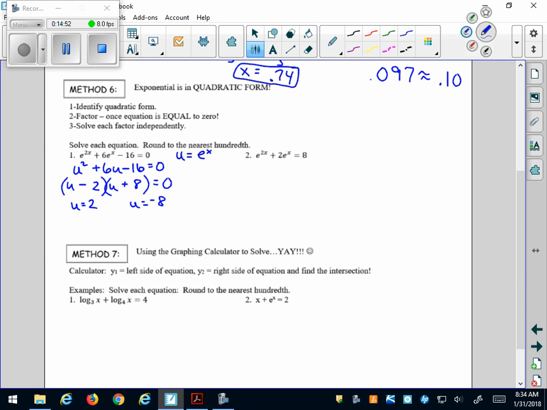Now we just have to go back and remember what our u value was. And we'll plug it back in here. So e to the x equals 2. And e to the x equals negative 8.